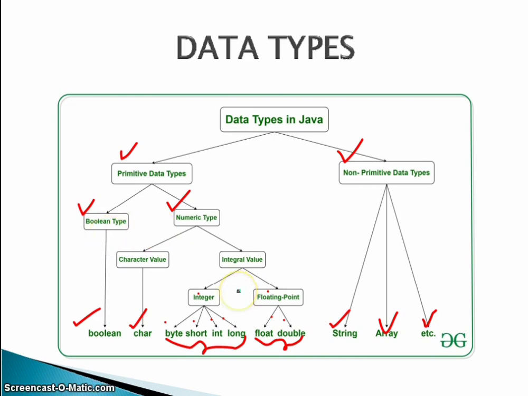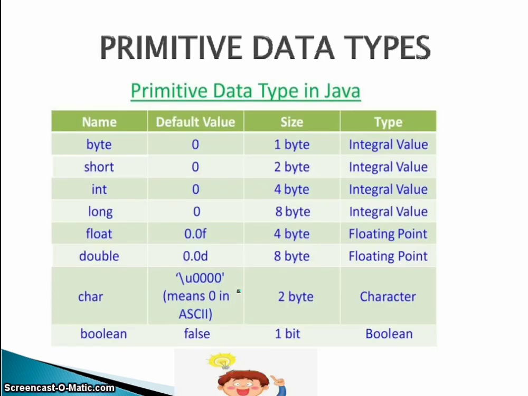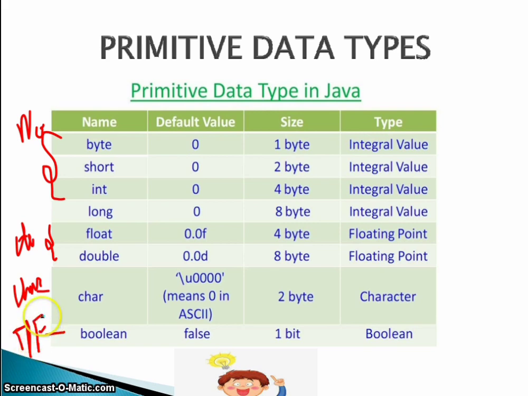Now we have four data types that are storing the same thing, that is integers, two that are storing decimals, one that is storing characters, and another storing either true or false.